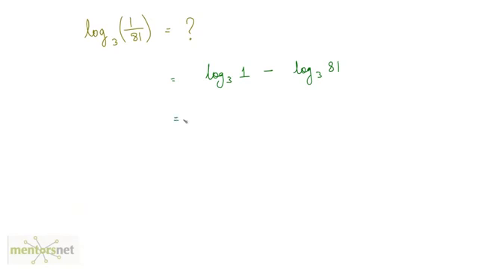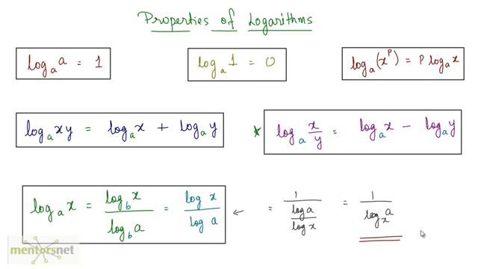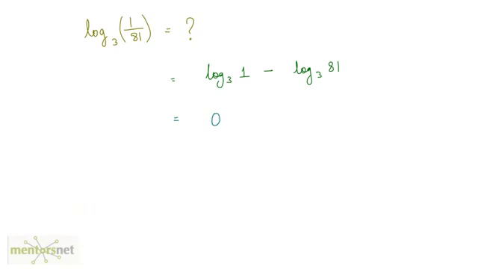Now log of 1 to the base anything is going to give you 0, right? This property, log of 1 to the base a is going to get you 0, right? Why 0? Because 3 raised to 0 is 1, minus log of 81 to the base 3. Now to solve this, what raised to 3 is 81?